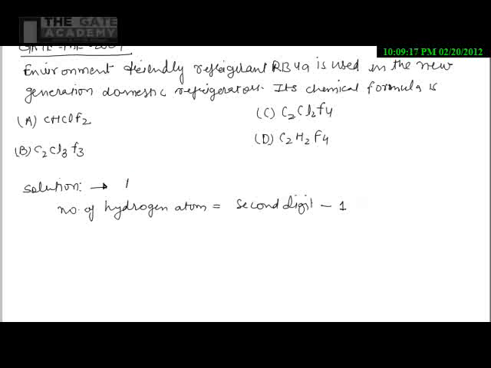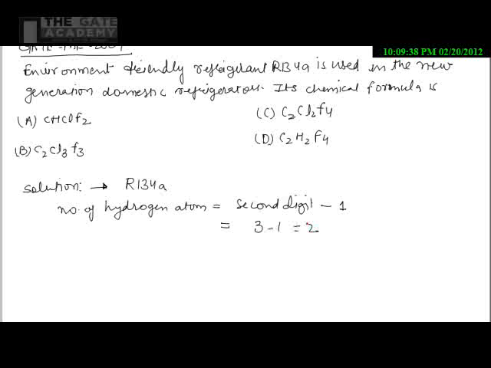So here I have R134a. The first number is 1 for every ethane based refrigerant, and the number of hydrogen atoms is the second digit minus 1. The second digit is 3, so the number of hydrogen atoms will be 3 minus 1 equals 2.